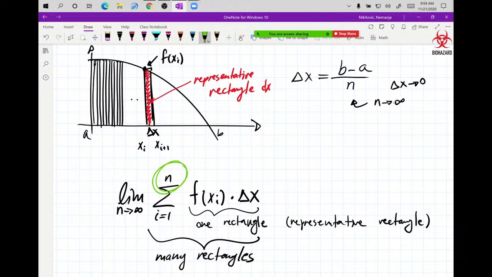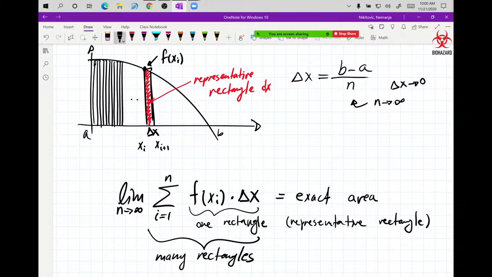This becomes infinitely many rectangles to add up, and this becomes infinitely thin, sorry. And all of this together becomes exact area. Now the question is, do we know how to compute this, right, for area under a curve?